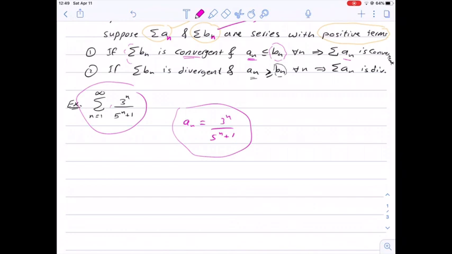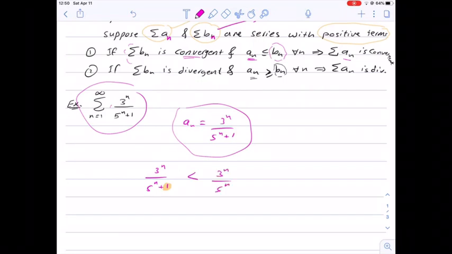Now we try to find another series that can be compared to this series, and it's a good idea to start from what we have. We have this series, and we notice that the plus 1 in the denominator is the only thing preventing the series from being geometric.